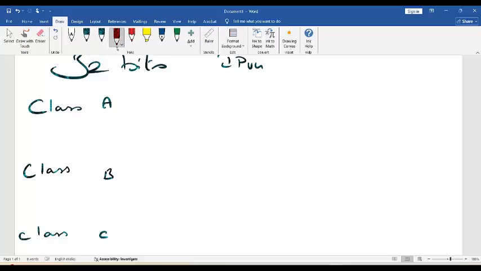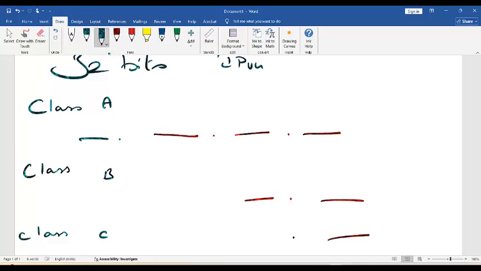As I said, Class A will have more bits for host compared to Class B and Class C. These red lines are bits given for host.